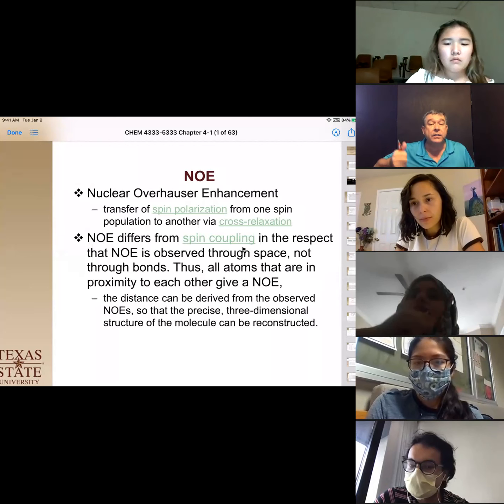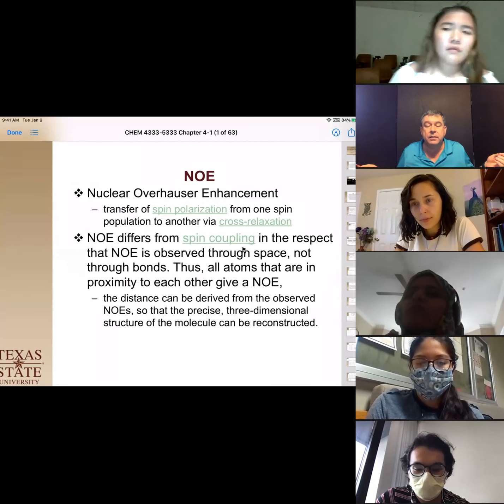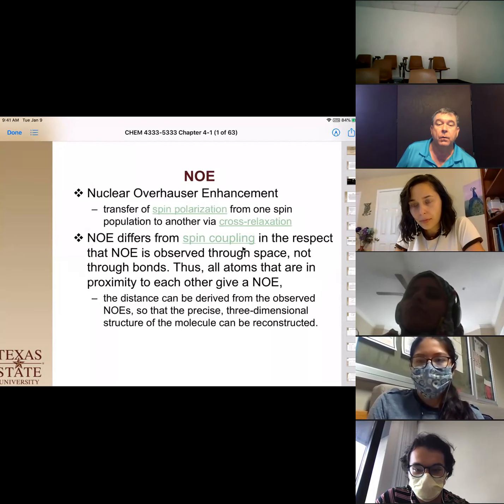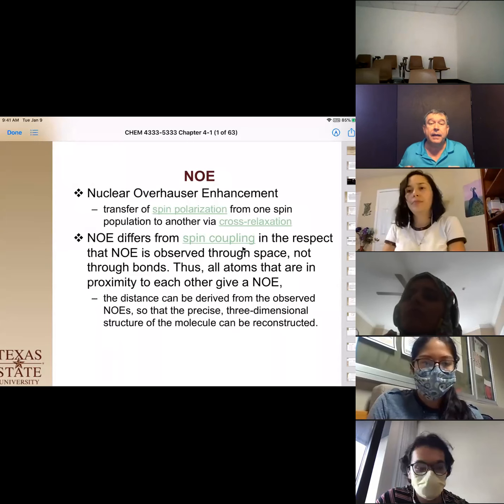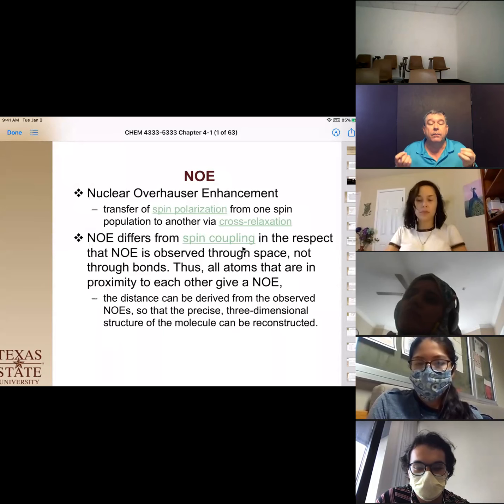Therefore, if we started splitting things and spin coupling things, that would spread the peak out even more, making it more difficult to see the peaks. So what we'll do is this transfer of spin polarization, literally taking the spin from the hydrogen and transferring it to the carbon to get an enhanced effect where we can see the carbon.